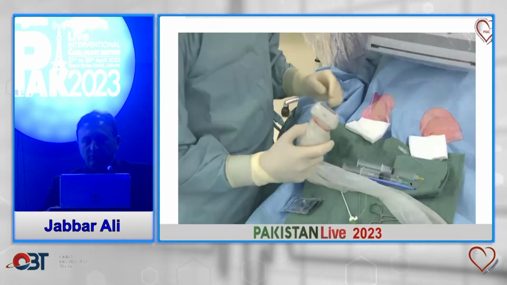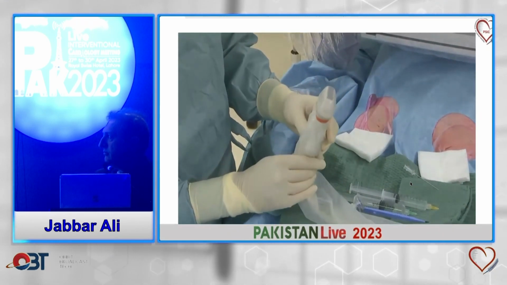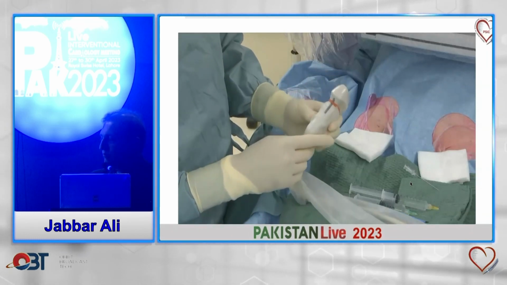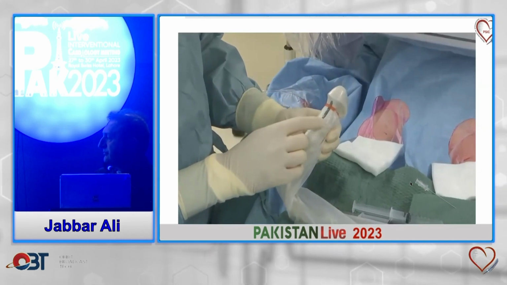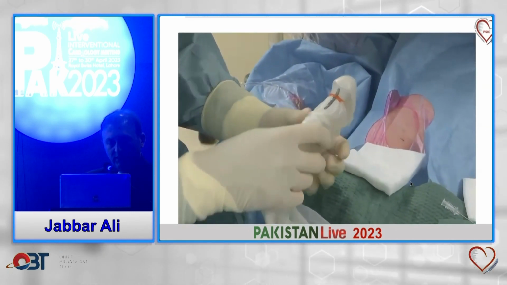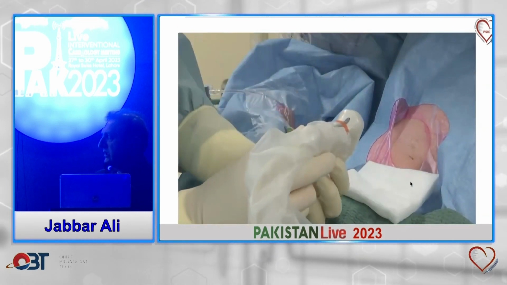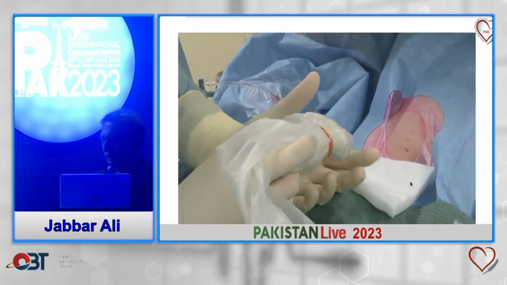This is the video, again, of how to do an ultrasound-guided femoral puncture. Again, the ultrasound probe should be held in the left or non-dominant hand. Initially it should be along the long axis, and then it is rotated anti-clockwise.